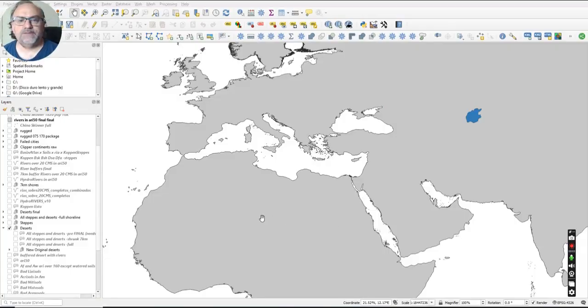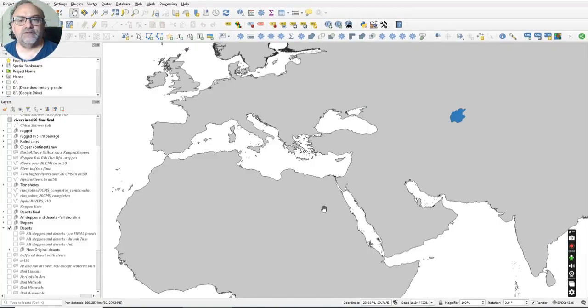Deserts are, of course, important not only because of their low agriculture potential, which anyway could be better represented by the other database I talked to you about, the GAES, but they matter for transport costs.